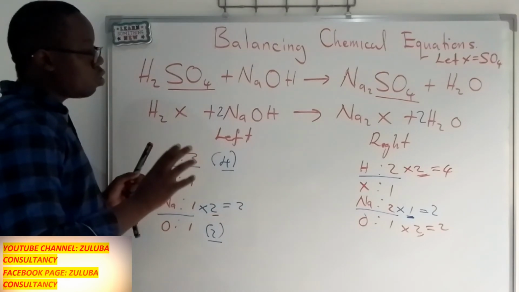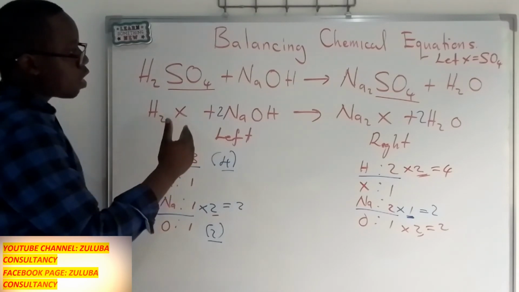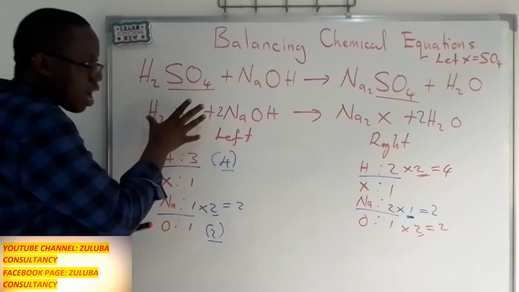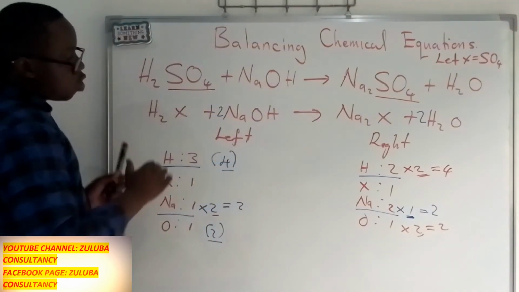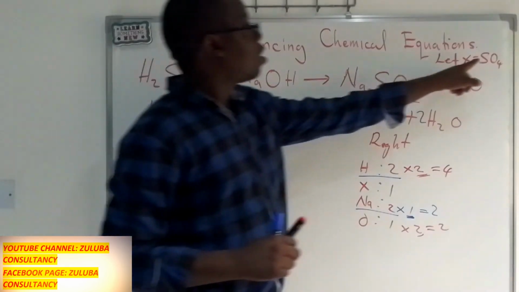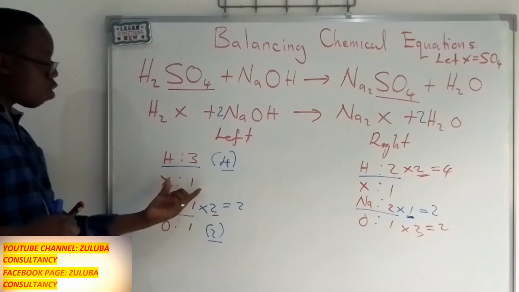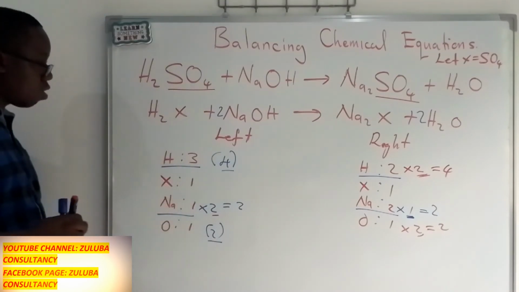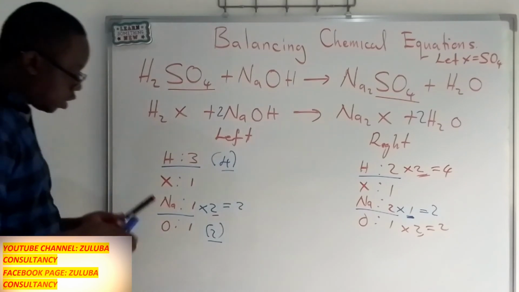Now, what do you notice after you do this? You notice that both the reactants and the products are now balancing. Remembering that X is SO4. You wanted not to confuse yourself with the radical. So we are simply getting it back to the equation.